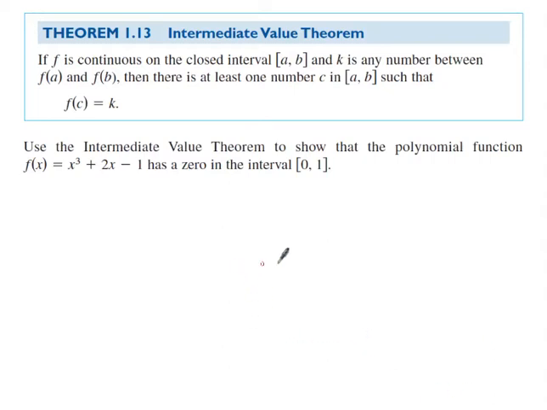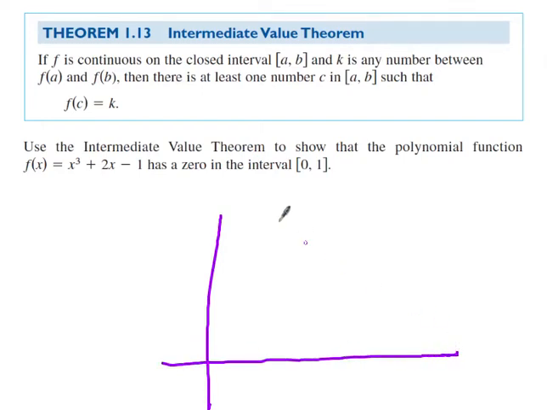Just hold on, I'm going to do an illustration of what that means. What that's saying is that if f is continuous on the interval [a, b], so here's a, here's b, I know that the graph has no breaks. So I've got this point, and let's just say this point up here, and the graph goes like that.